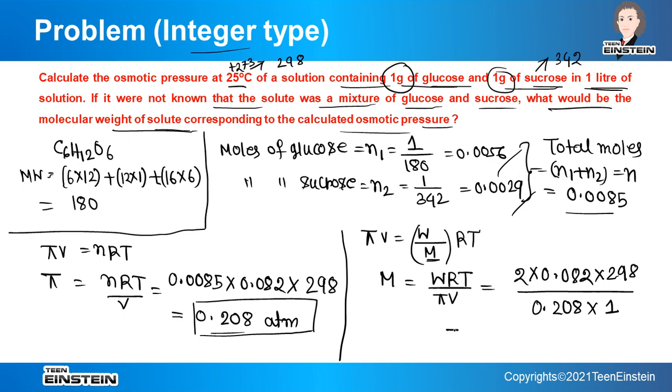This will be almost equal to 235. If you compare with the molecular weights of glucose and sucrose, that is 180 and 342, this value is intermediate between these two. So this is the answer.